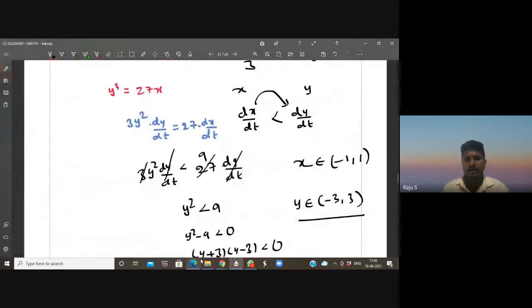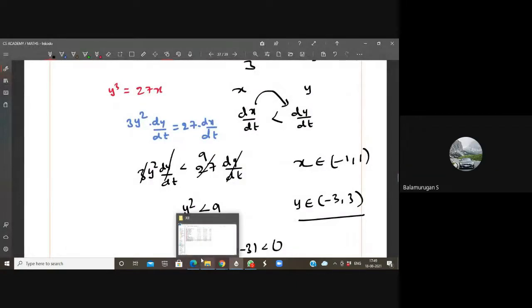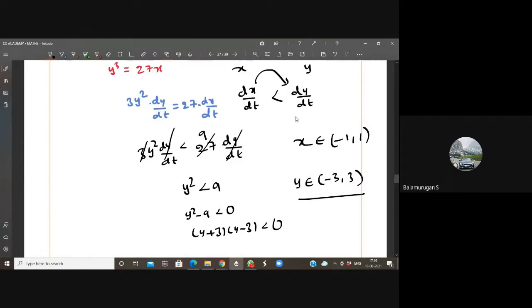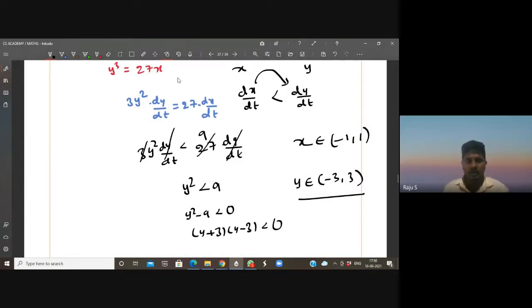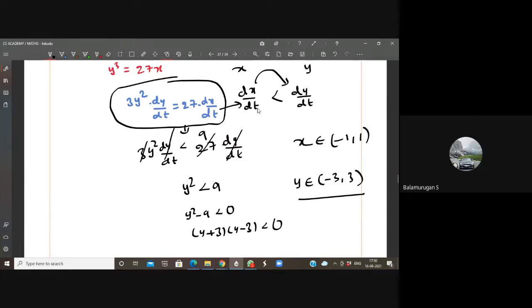Having any doubts here? Sir, can you explain how you replace dx by dt with the derivative? Okay, this condition. What is dx by dt they have given? It is lesser than dy by dt.